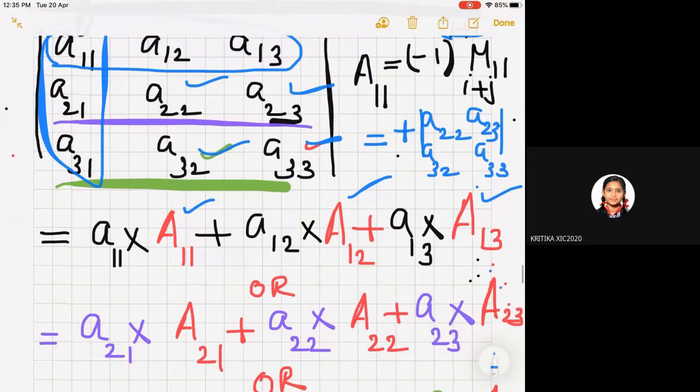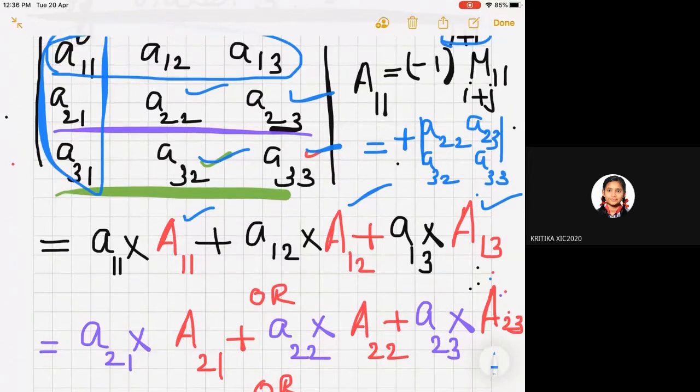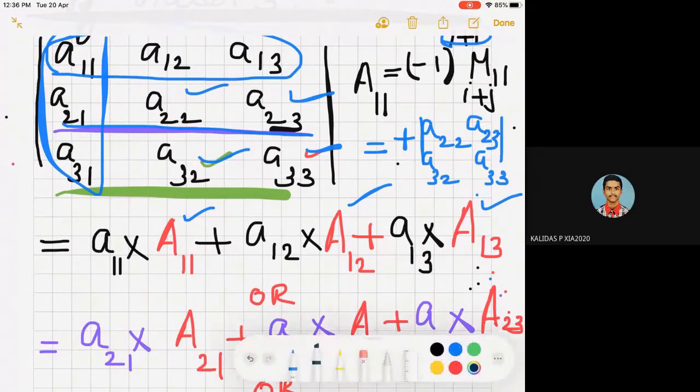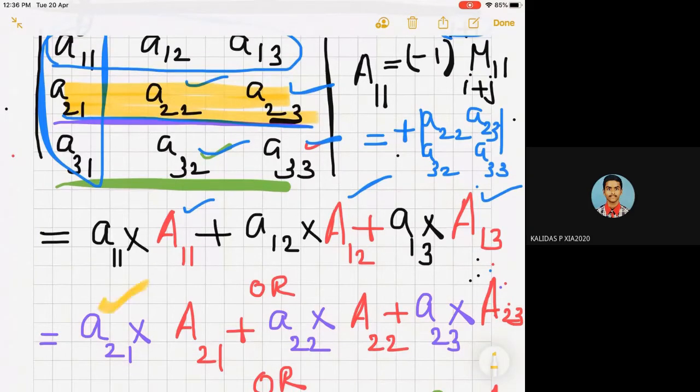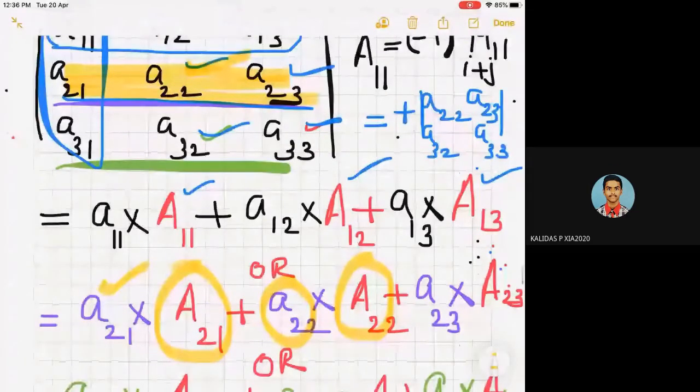If you are using the second row, the value of the determinant is A21 into the cofactor of A21 plus A22 into the cofactor of A22 plus A23 into cofactor of A23.